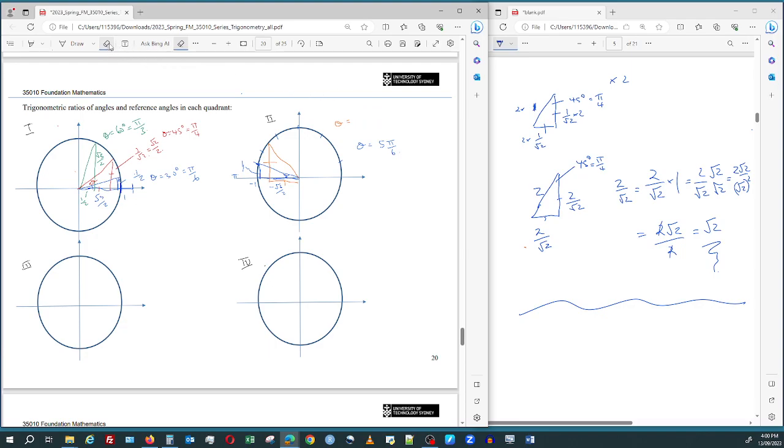Okay, we've got to do the count. 45 degrees, 90 degrees, 1, 2, 3. 3 lots of 45 is 135, okay, which is 3 lots of 45 or pi on 4.